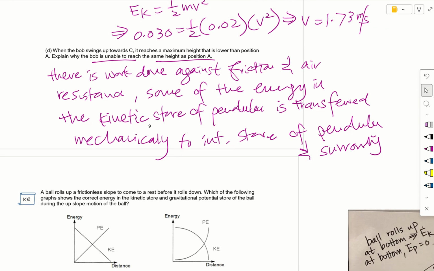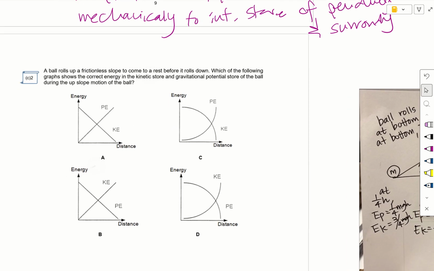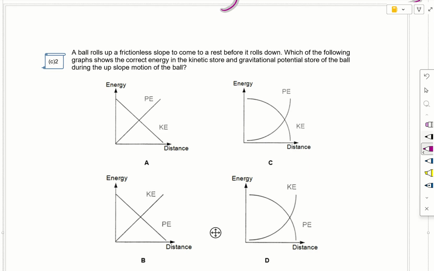So therefore it will have less energy being transferred to the gravitational potential store.